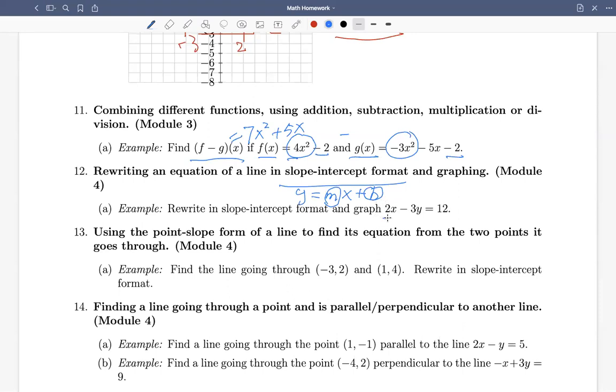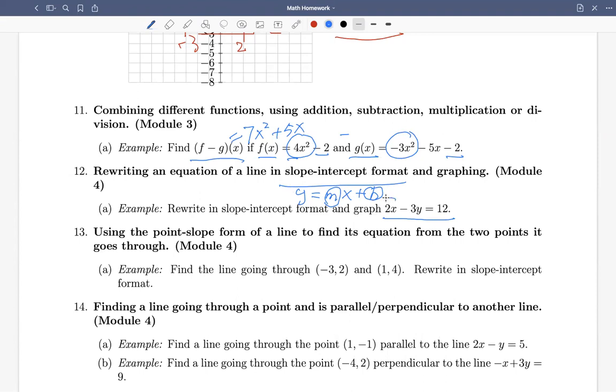So we're given the ax plus by equals c form, and we want to write it in slope-intercept form, basically solving for y. Isolate y on one side of the equal sign.